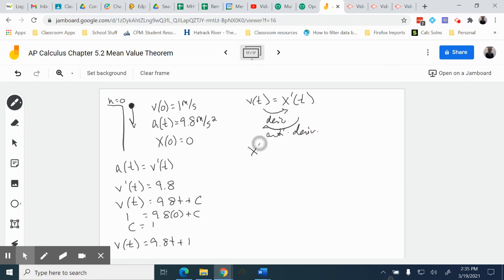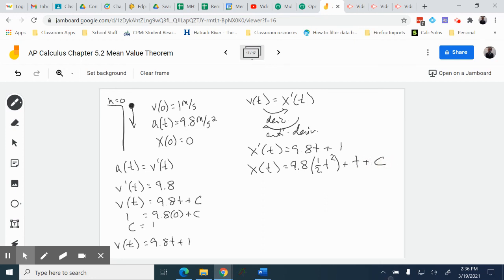So x prime of t is 9.8 t plus 1, which means that x of t is, well, again, we got 9.8 now. The antiderivative of t, well, t must go to t squared because I'm working backwards, but the derivative of t squared would have a 2 in front, so I have to put a half to balance that out. The antiderivative of 1 is just t, plus a constant.